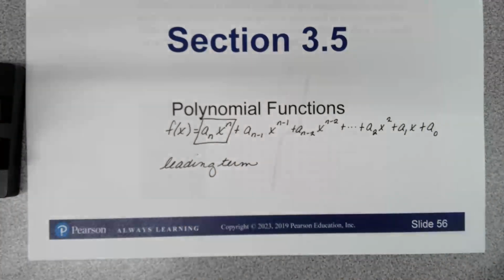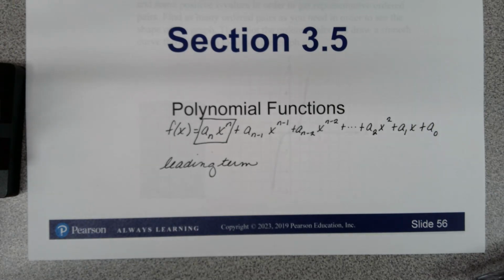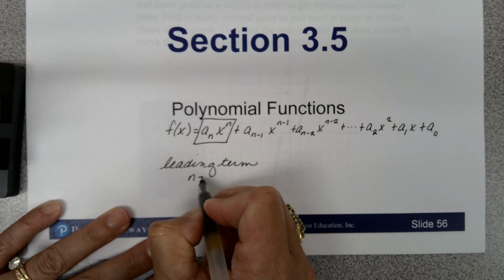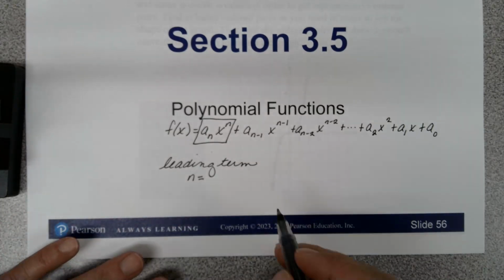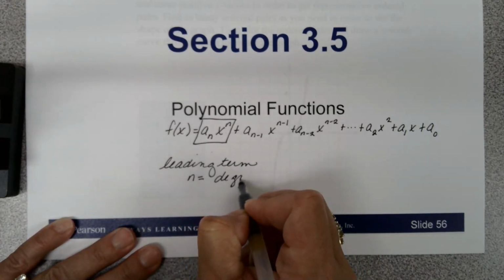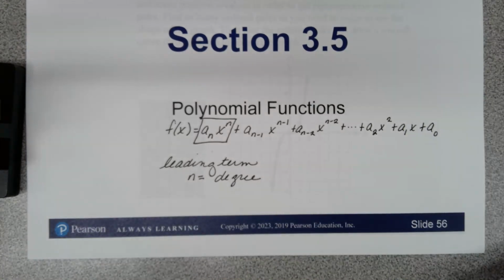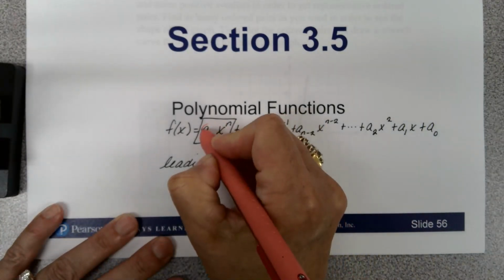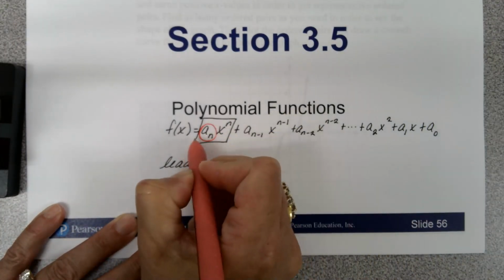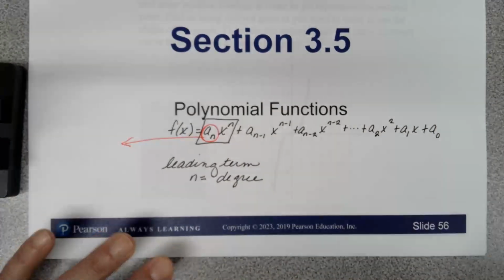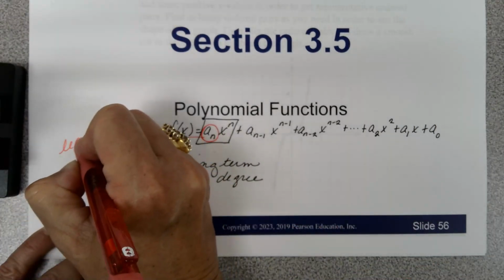It's the highest degree term in your polynomial. The highest power on x, which we label as an n here, is the degree of the polynomial. So the highest power on x is the degree. And if you just want to talk about that number out in front of your leading term, so this a sub n is just a number, we call that our leading coefficient.